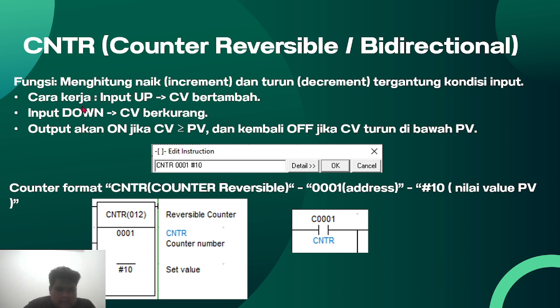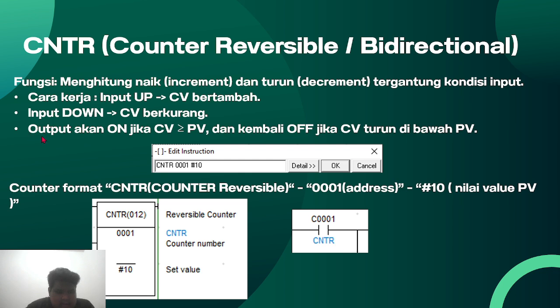Okay, the working principle is, when the up input is active, the CV or current value will be increased, and when the down input is active, the CV will be decreased.